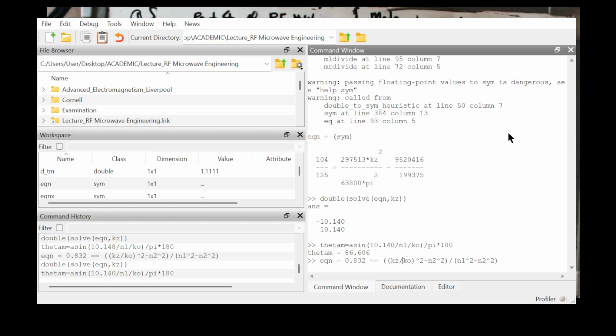And the value of B for mode number 4 is 0.744.